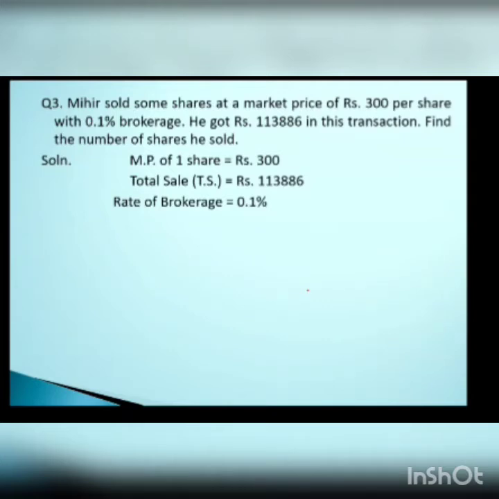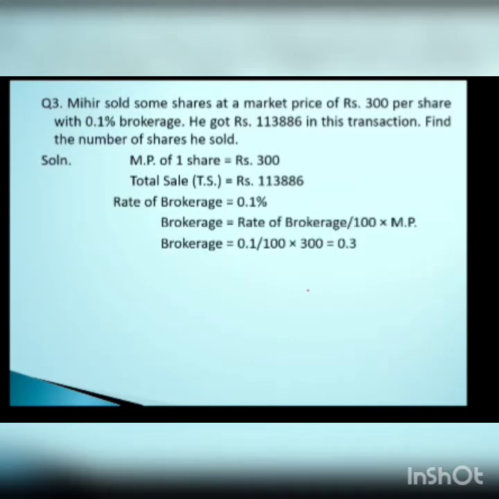So the first part is to obtain the brokerage. What is the brokerage you're getting here? 0.3. Let us check that. Yes. Now go with the SP. Let me know what that is.